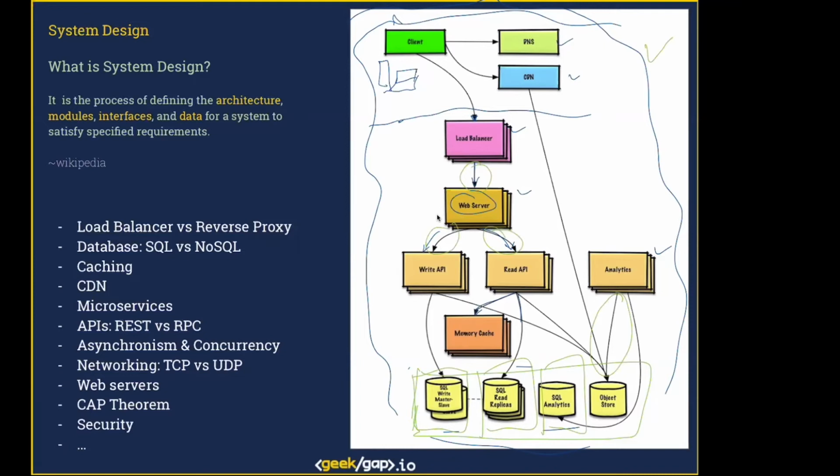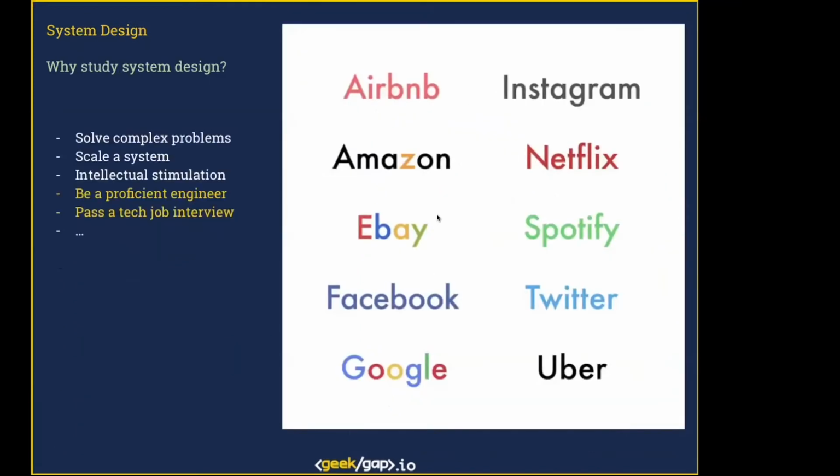And really, the system design interview is as important as the algorithm and data structures interview, because it helps you become a proficient engineer. The difference is that algorithm and data structures help you become a proficient programmer. You know how to write code. But system design helps you become a proficient engineer, because you know how the system works as a whole.